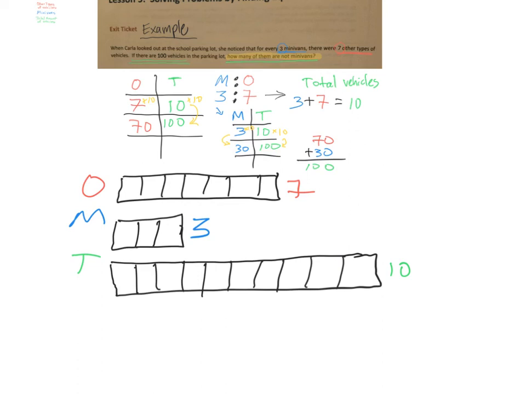But now it's saying that if there's 100 vehicles, we need to know how many are not minivans. So how many should be in each one of these squares if this is equal to 100. So if this whole thing is equal to 100 now, okay, how much needs to be in each box?